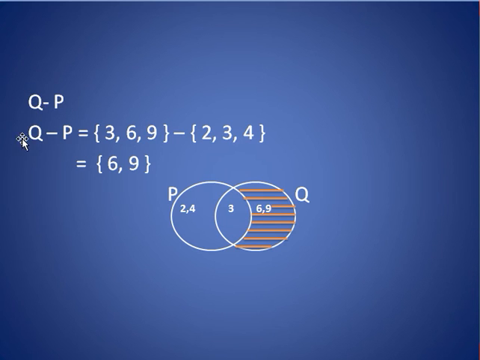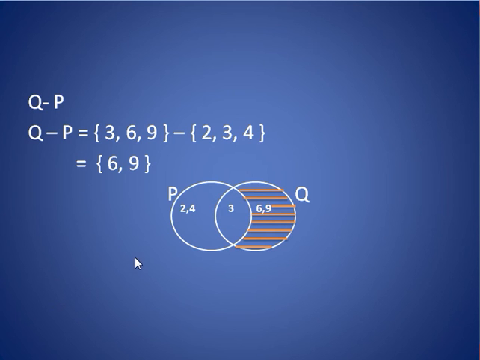Q difference P. First we have to write set Q, then difference, then set P. Now all the elements of set Q which are not present in set P are the answer, and 6 and 9 are not present in set P. So our answer is 6 and 9.